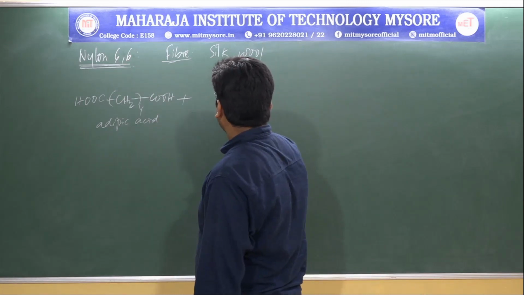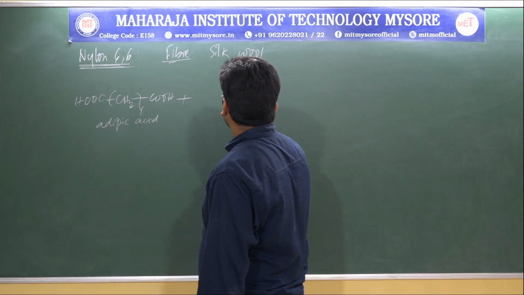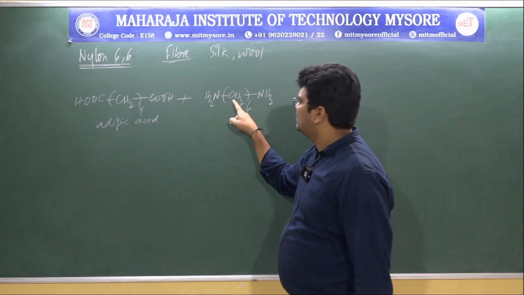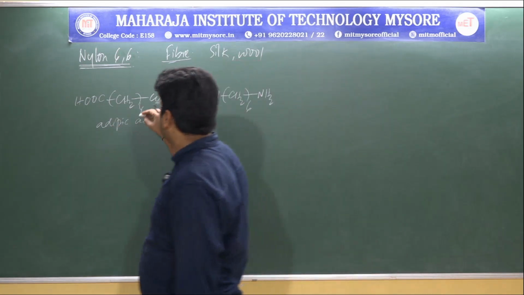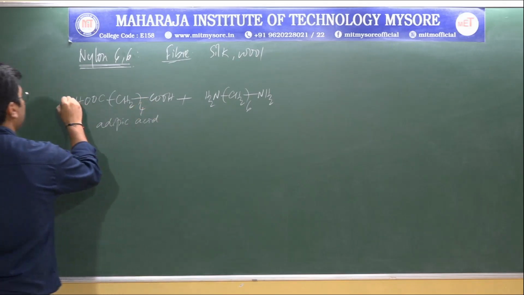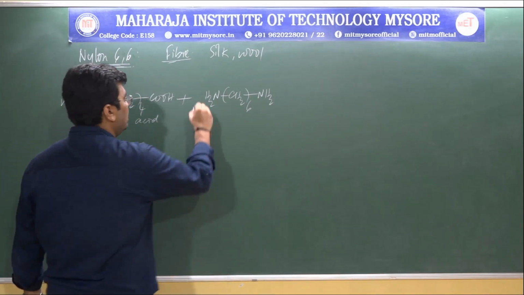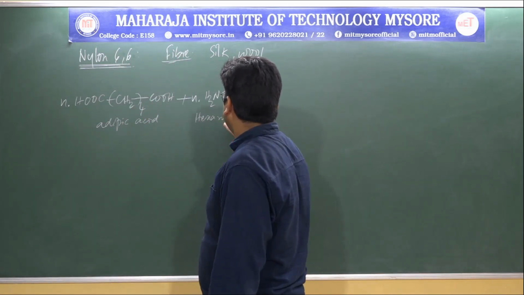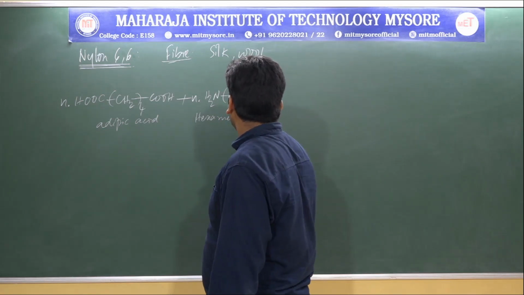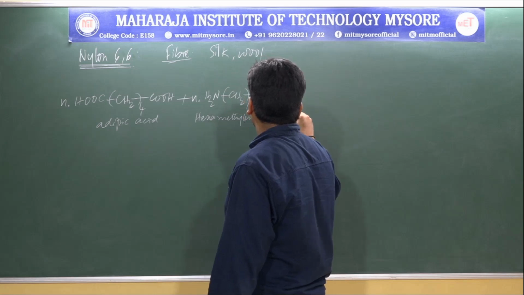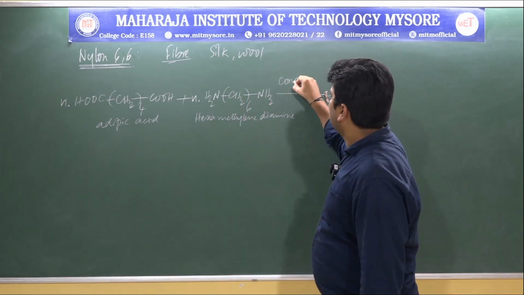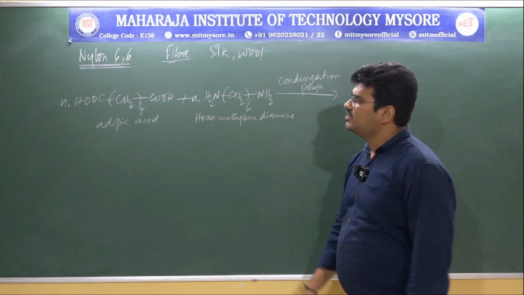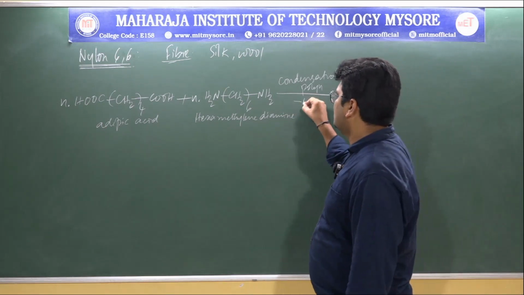If we take n moles of adipic acid and n moles of hexamethylene diamine, these two undergo condensation polymerization with the elimination of simple low molecular weight compounds such as water.